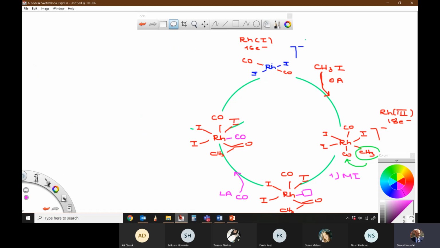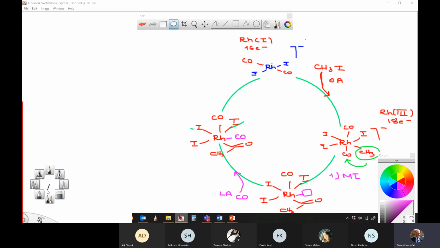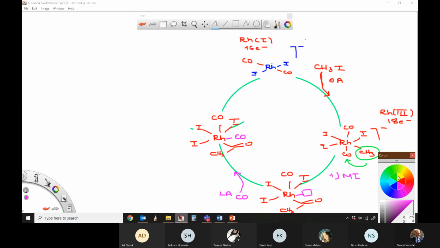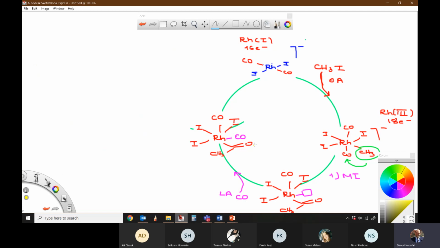If we do reductive elimination, that means we have to remove CO.